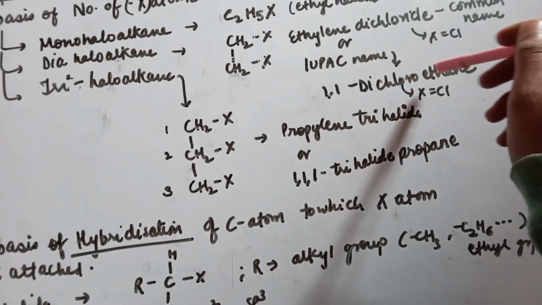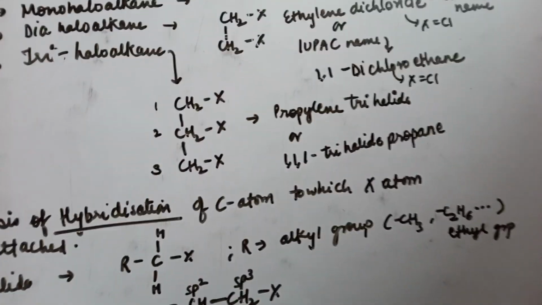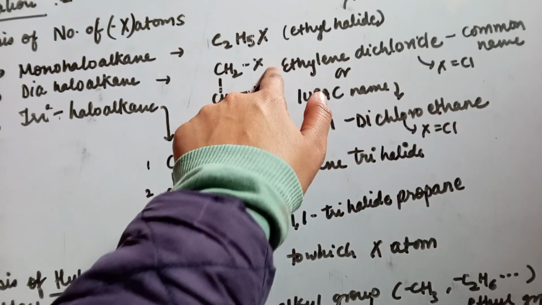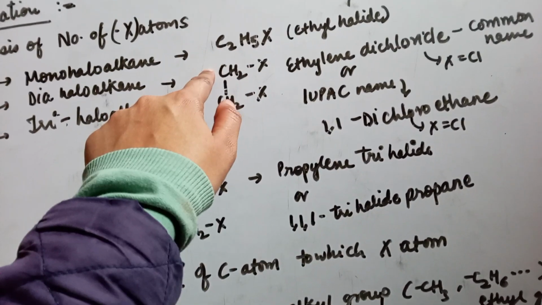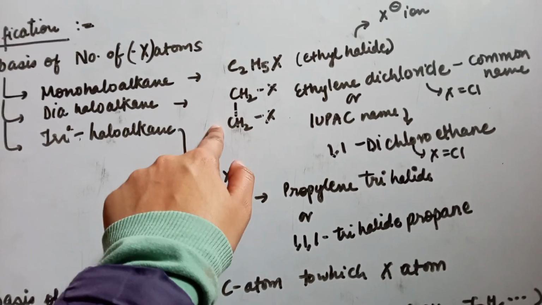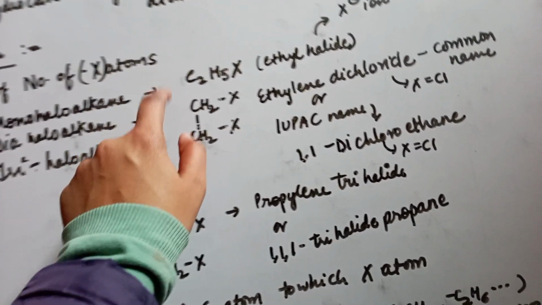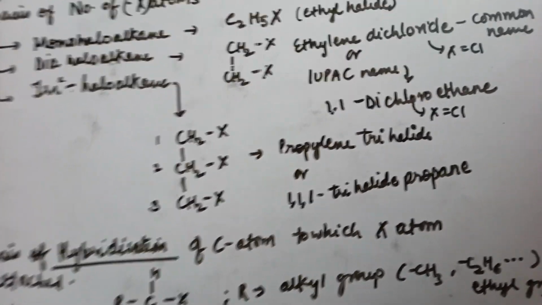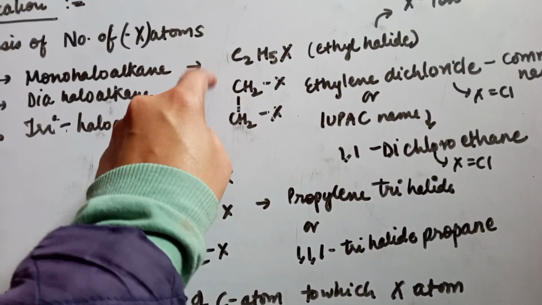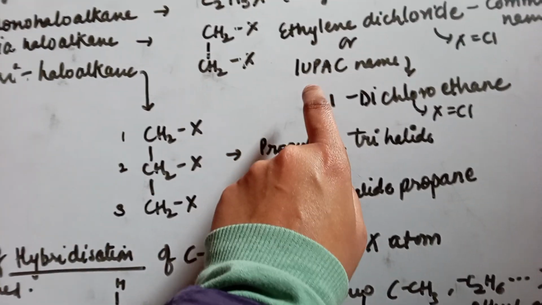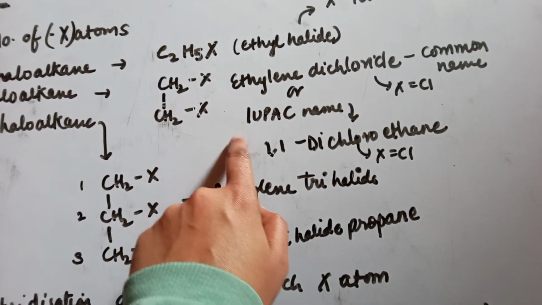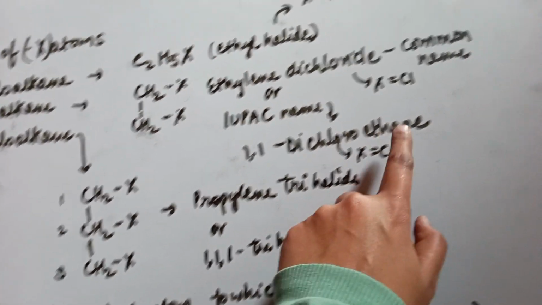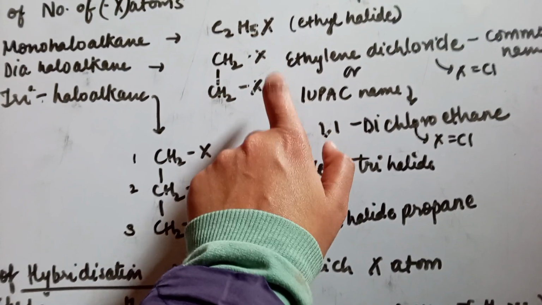Let's clarify why it is so called. 1 and 1 refer to the positions of the carbon atoms to which these atoms are attached. We cannot specify this as 1 and this as 2, because we cannot give preference, as both the atoms are in an equal state. That is why we have named both positions as 1 and 1. 1,1-dichloro, because two halogen atoms are there in the compound. Dichloroethane, where ethane refers to the R group to which these atoms are connected.